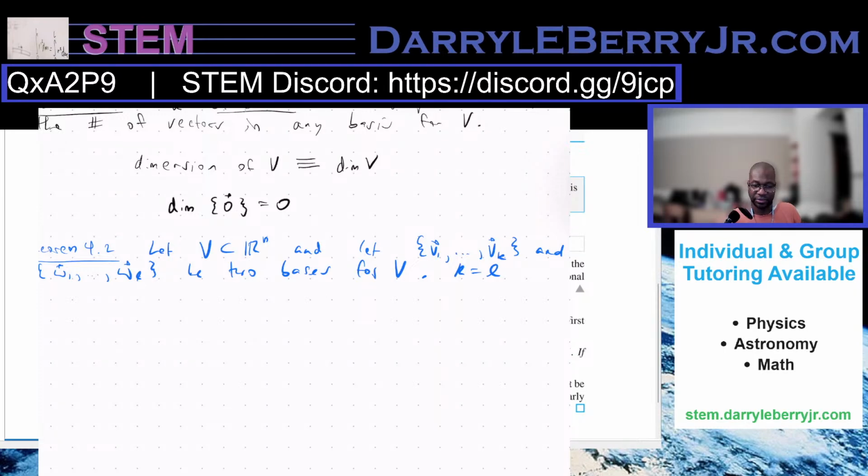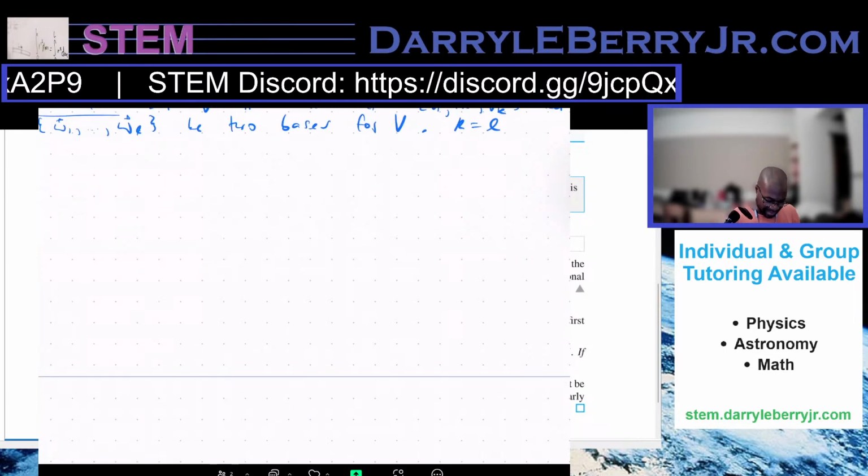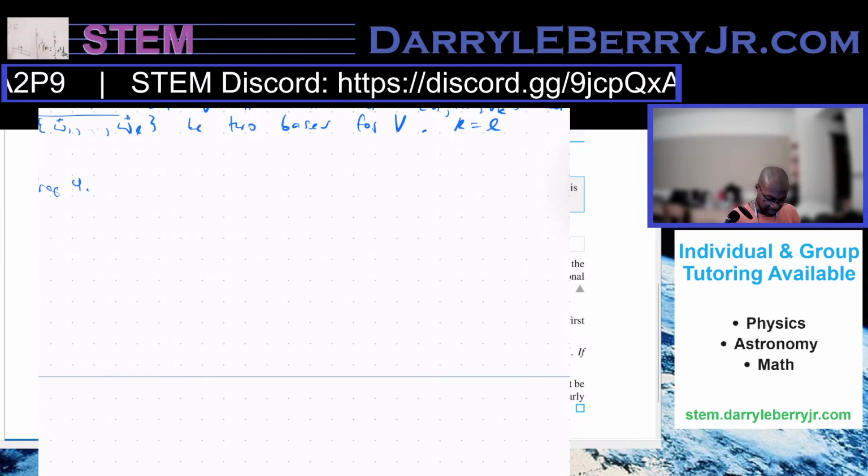As we shall see in our applications, dimension is a powerful tool. Here's the first instance. So we have proposition 4.3.